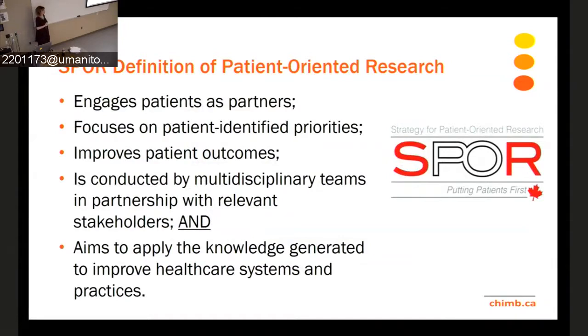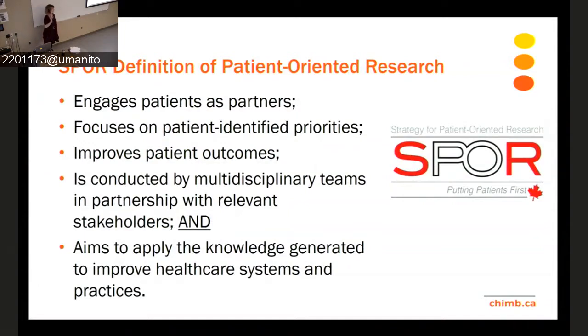First of all, it engages patients as partners. Second, it focuses on patient-identified priorities. Third, it improves patient outcomes. Fourth, it's conducted by multidisciplinary teams in partnership with relevant stakeholders. And finally, it aims to apply the knowledge that's being generated to improve healthcare systems and practices.